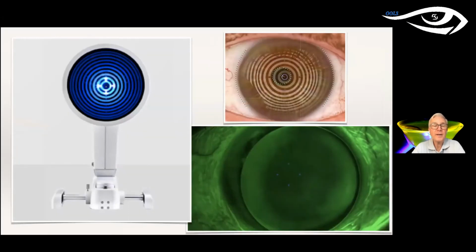If you're in the market for a topographer, ask about the built-in camera for the topographer. This happens to be an Oculus unit, a K5M, and a camera is an optional feature of it. Now, as you see, you get an entire image of the eye. You don't obviously have optic sections and can't do some of the things that we talked about earlier.